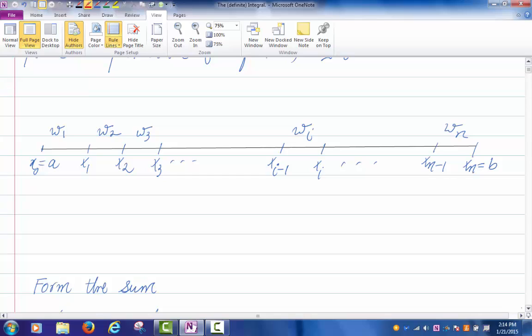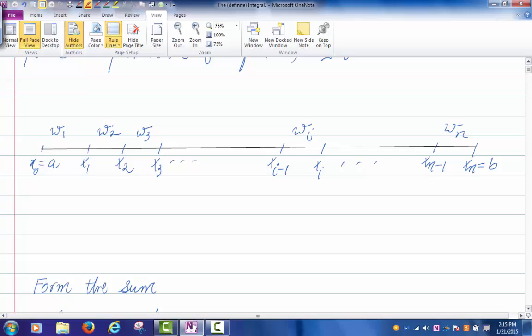W1 up to Wn are called sample points. So what did we do? We divided the interval into smaller subintervals. From each subinterval, I picked a point. These are W1, W2, Wn.